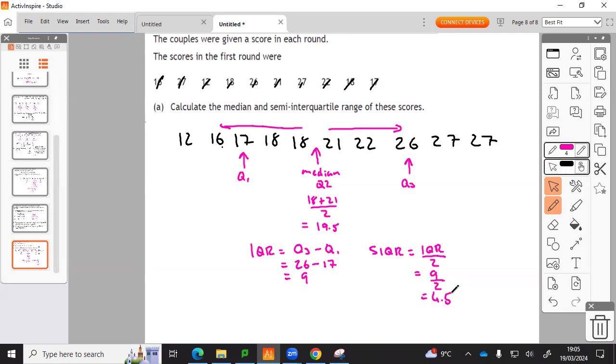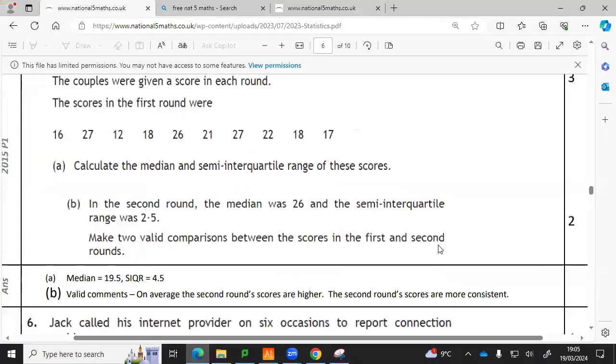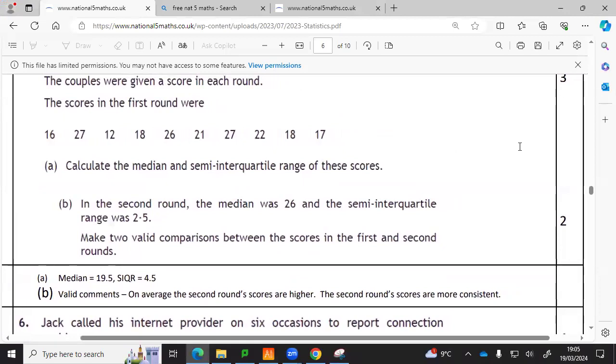Other than the explanation, which is just comparing them. Okay, so on average, the second round scores are higher, all right? That word average means you're using the median.